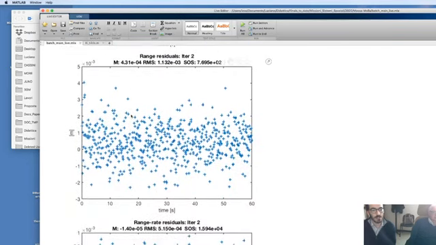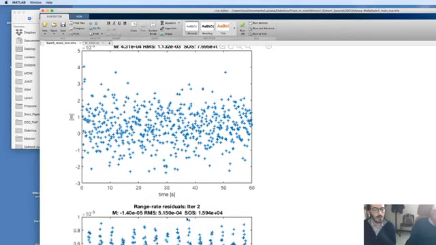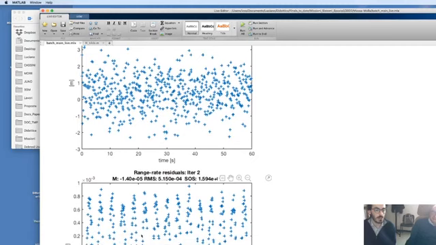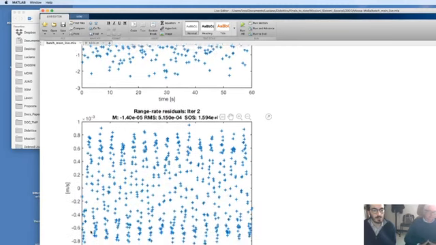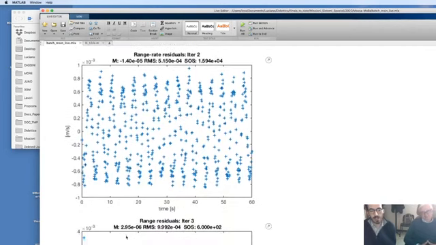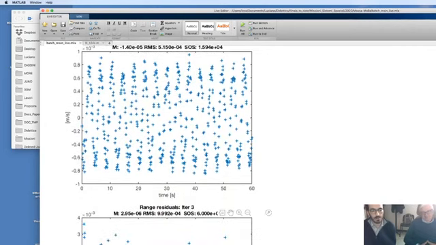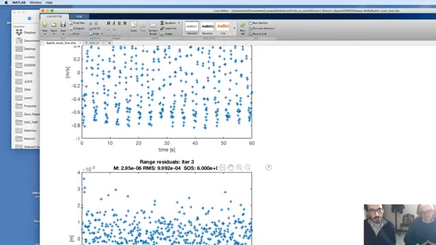These are the range residuals. We have reached convergence on range, while on range rate maybe we need another iteration. As you can see here, we still have a bit of noise. On range, as we have said, we have perfect convergence. We see it from the mean that is really close to 0.